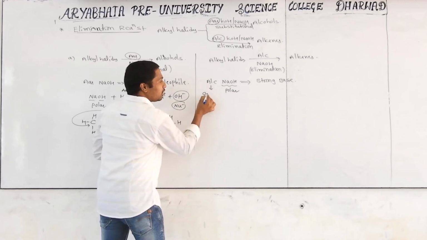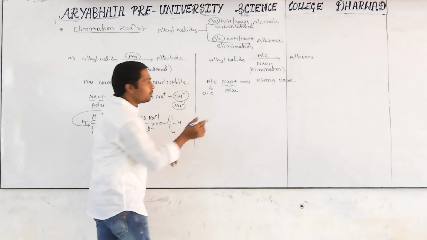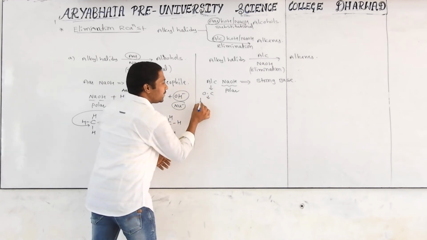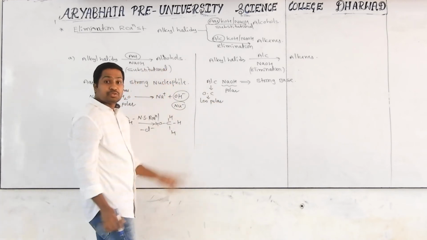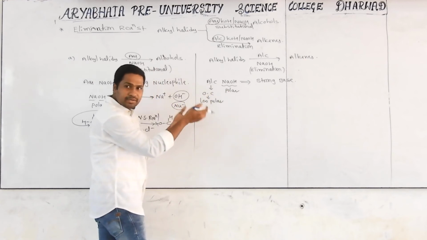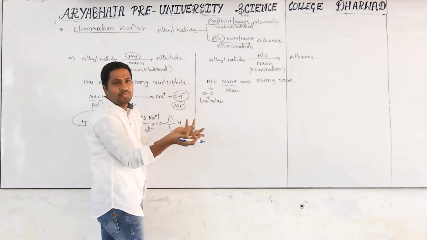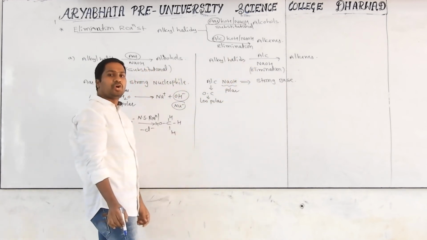Alcohol is an organic compound, and organic compounds are generally non-polar, even though alcohol is very slightly polar, so it is almost like a non-polar. NaOH is polar. Is it involved in the dissociation? No. Then what happens? NaOH acts as a strong base.